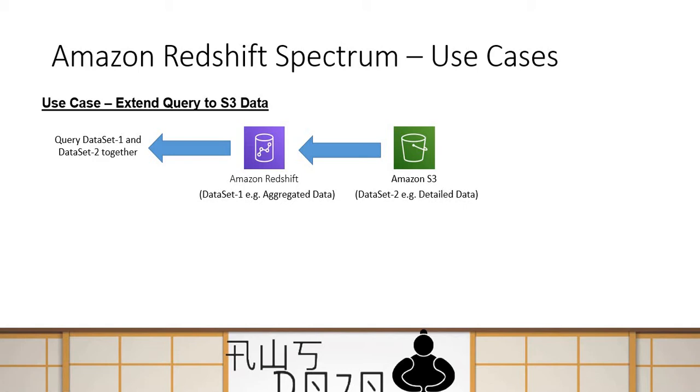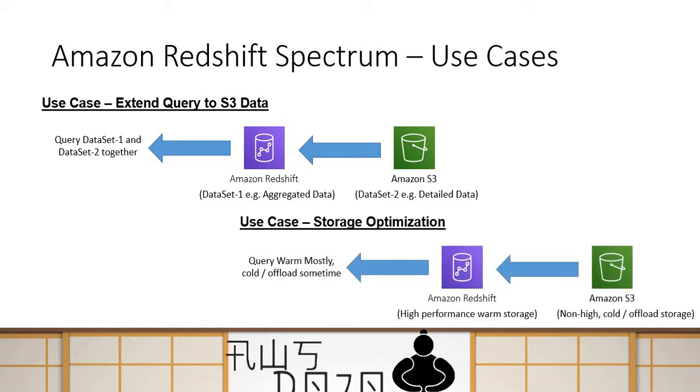And this is an interesting one because in this case, you don't need to move your detailed data inside Redshift for any kind of drill down. You can keep your detailed data inside S3, aggregated in Redshift, make your aggregated queries in Redshift, but any drill down query goes into S3. This is one scenario which I have seen a lot.